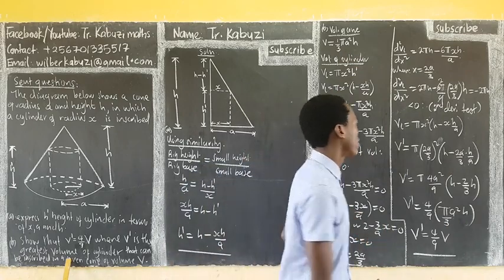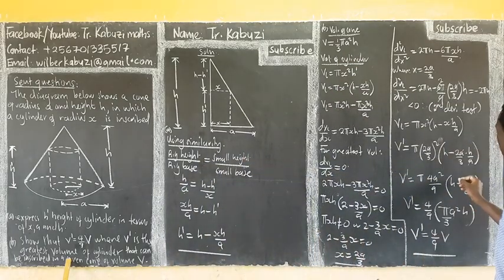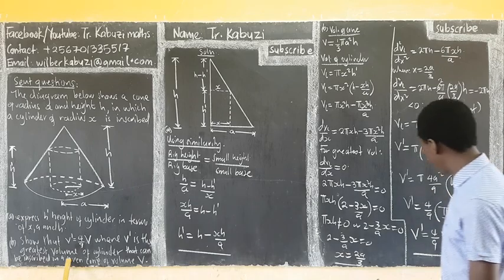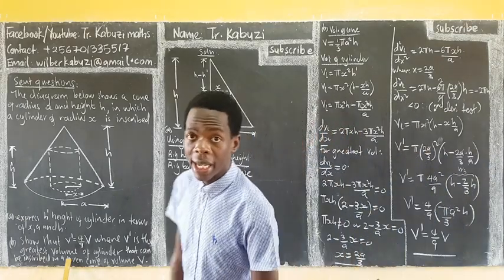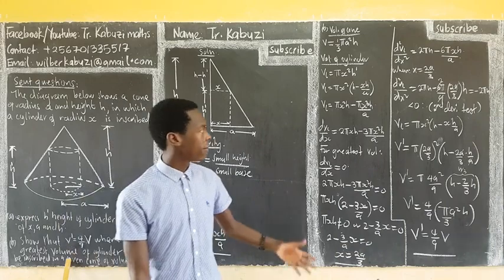The whole of this yields h over 3, which when we multiply with this, we factorize out and remove this, so that we get pi a squared times h over 3. That's what we get, and that's how we get our proof out.